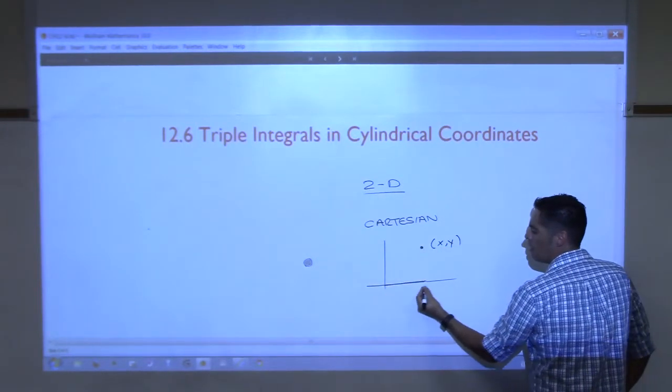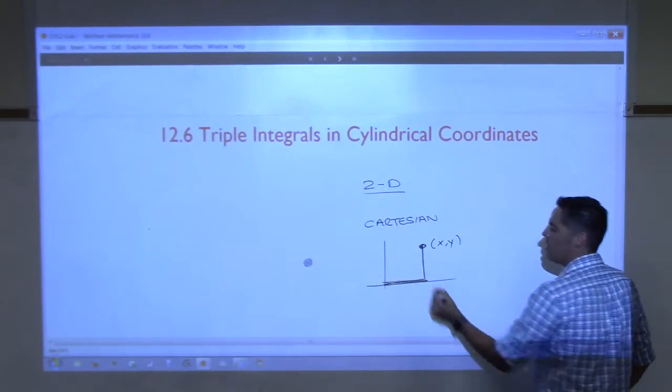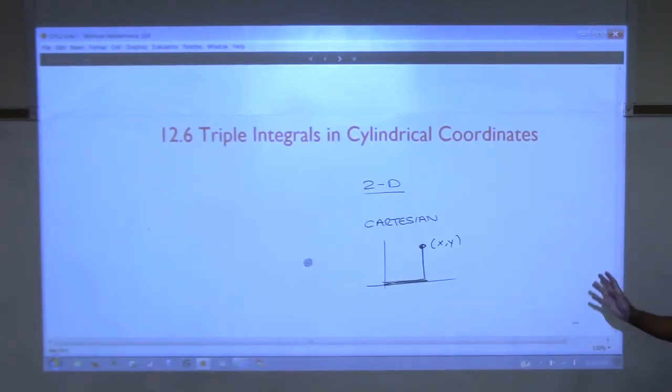That tells you how far to walk out parallel to the x-axis, then how far to walk up, and that's how you get to that point. That's what everyone knows. Before you even walk into a pre-calc class, everyone's working in Cartesian.